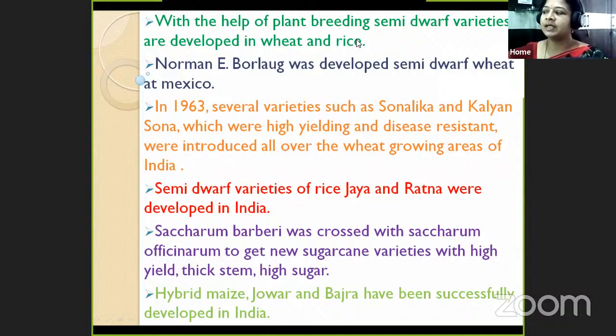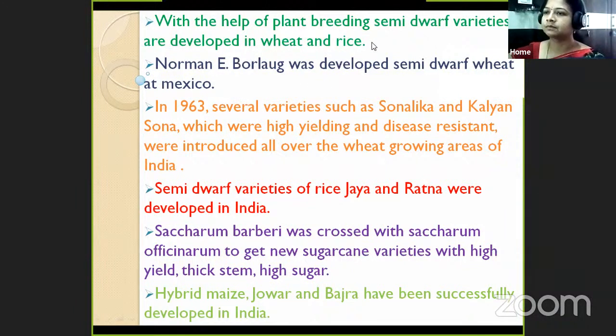Due to unexpected rainfall, heavy rainfall and heavy wind, tall varieties of rice fall in the water or mud of the soil and the total crop is damaged. So that's why semi-dwarf varieties are developed in wheat and rice to prevent the crop damage due to heavy rainfall and wind.